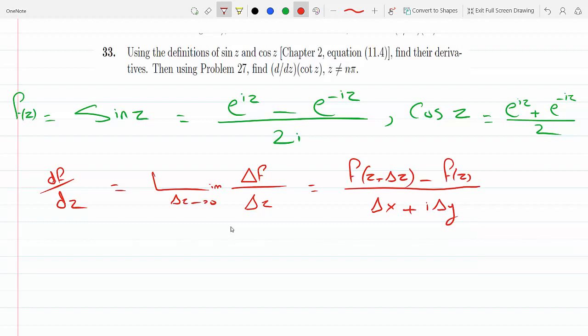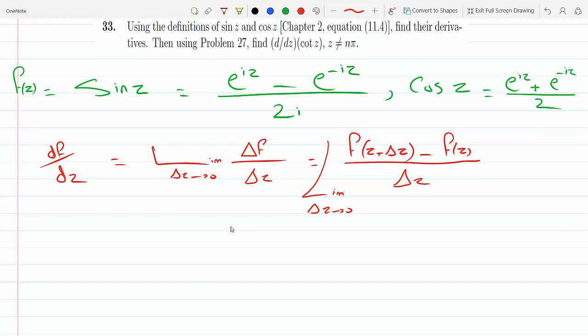Actually, let's leave it as delta z for now. We may not need to switch it. We'll see how things go. And when we're done, we will take the limit as delta z goes to 0.